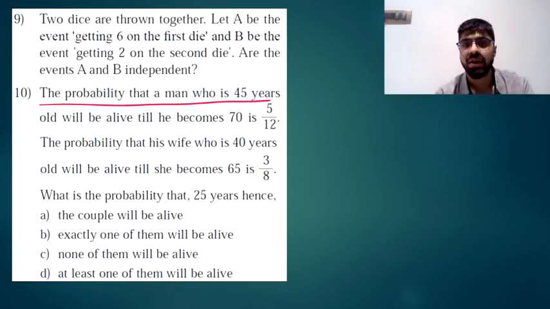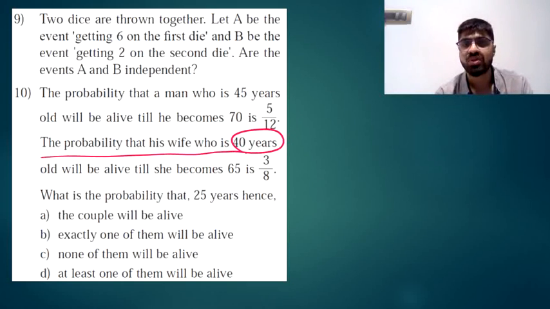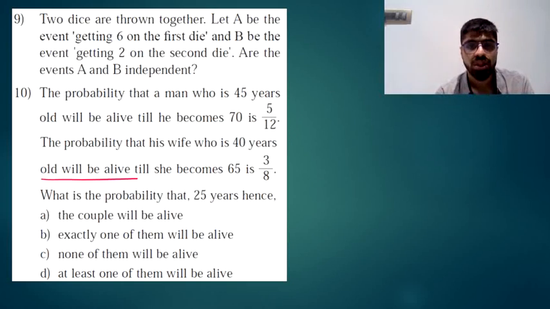With that we go for answering our 10th question. The probability that a man who is 45 years old will be alive till he becomes 70 is 5 by 12. The probability that his wife, who is 40 years old for now, will be alive till 65 is 3 by 8. So they are talking about a time span of 25 years. What is the probability that 25 years later the couple is going to be alive?